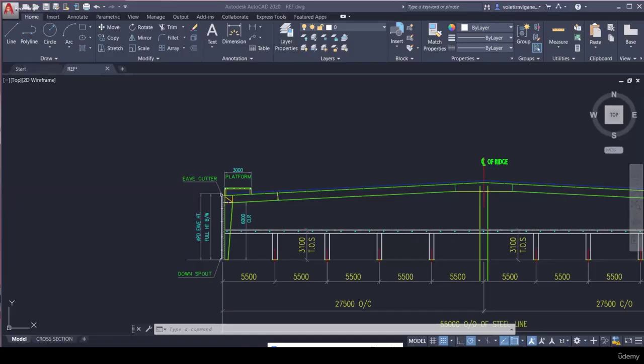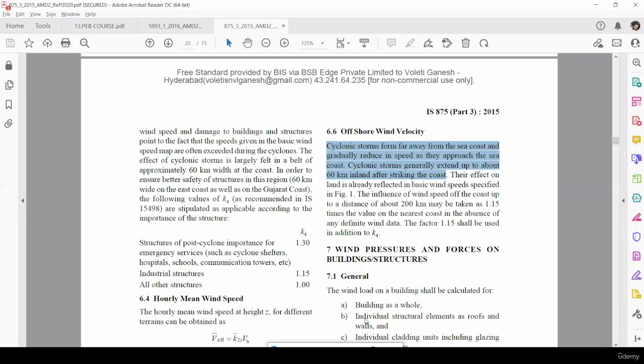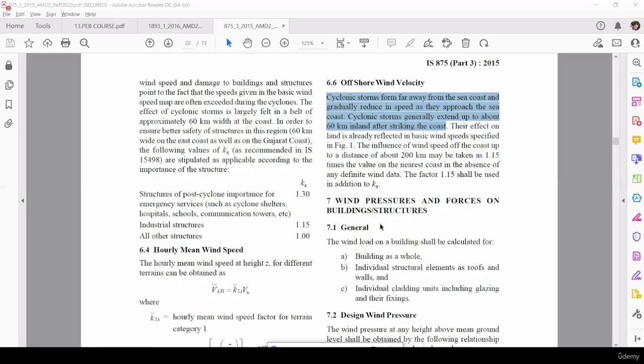Any other thing? Clear, I think. Okay, I think all of you got it. This is in addition to K4. Generally, for any other structures we are designing, we have taken an example for an industrial warehouse.